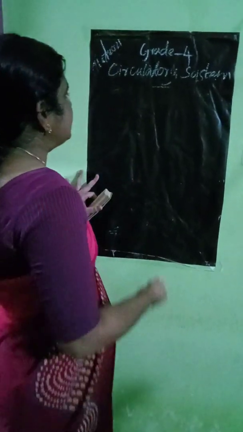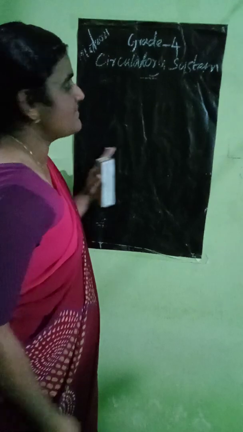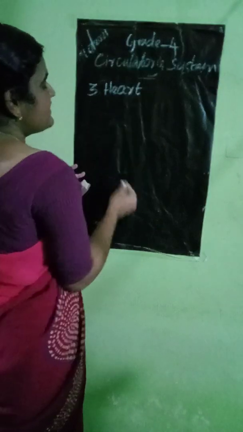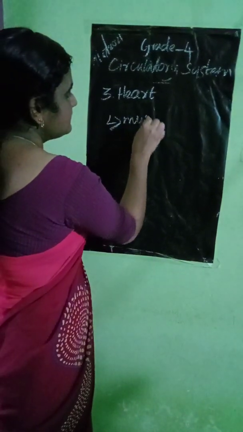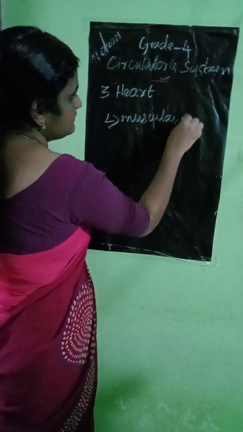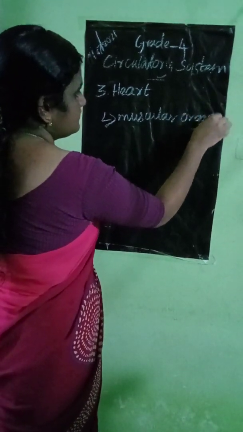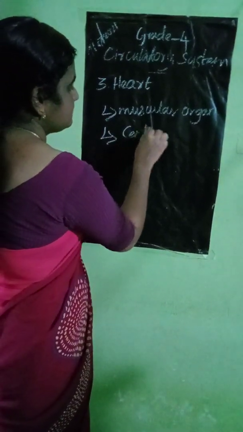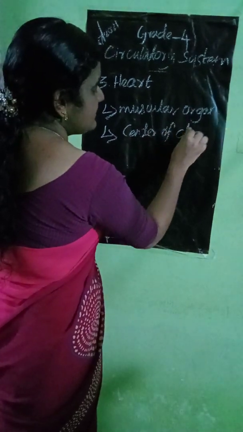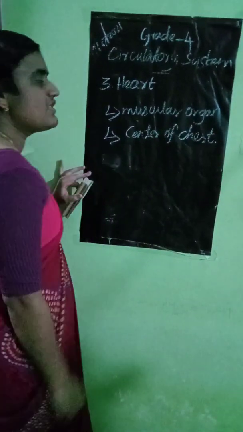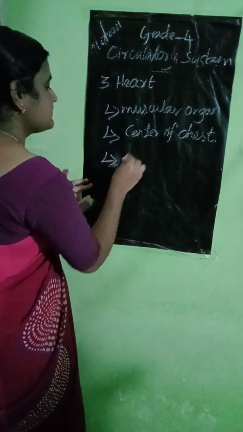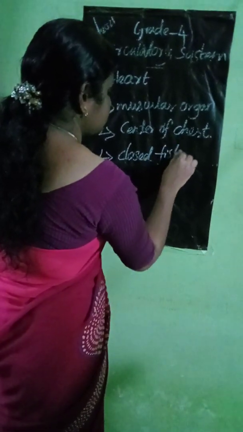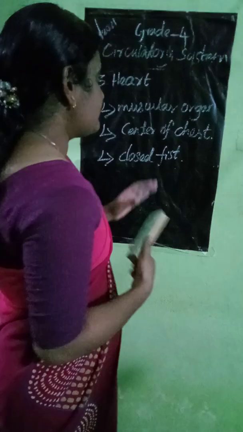Children, the third main part of the circulatory system is the heart. The heart is a muscular organ. It is located at the center of our chest, and it is about the size of our closed fist.